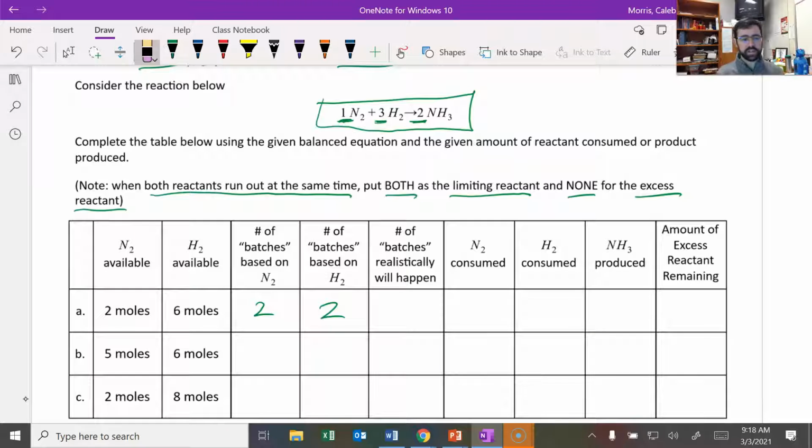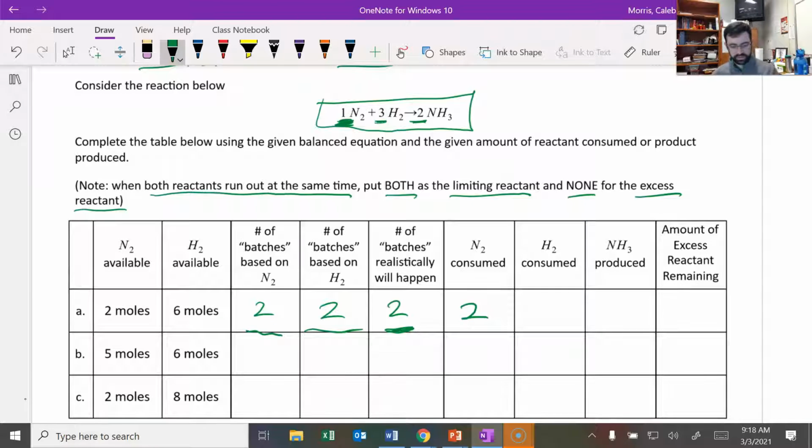That comes out to be the same number. The number of batches that will realistically happen is 2 because it's the same number for either case. The amount of N2 that is consumed, well, if I have 2 batches and each batch is 1 mole of N2, 2 of those batches will consume 2 moles of N2.